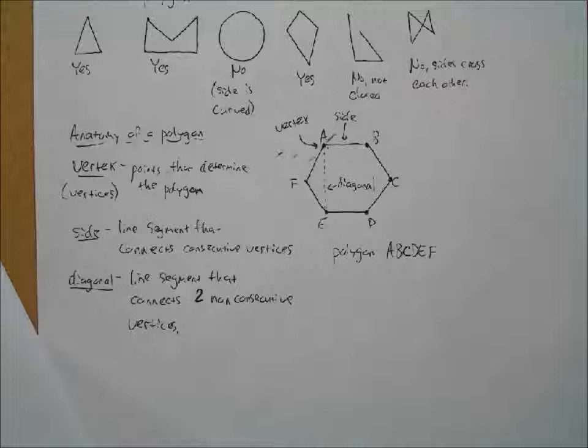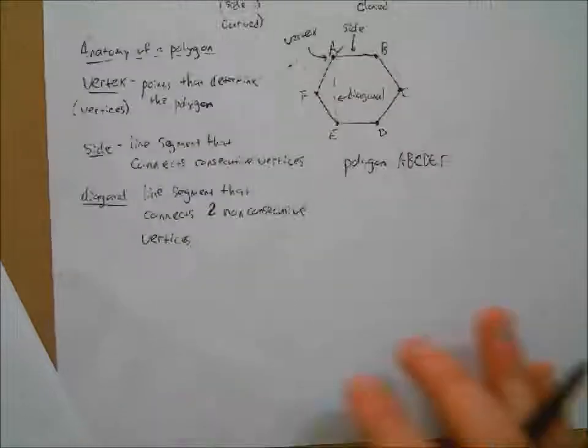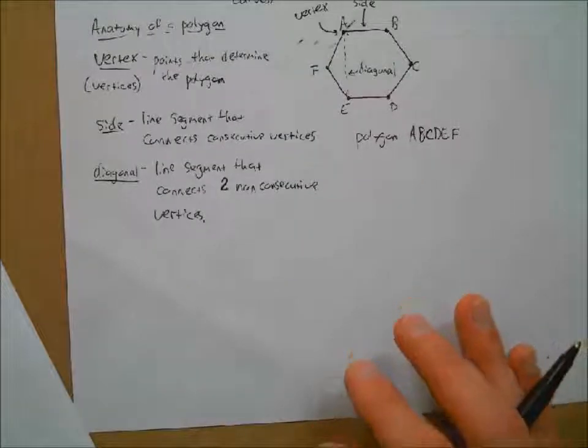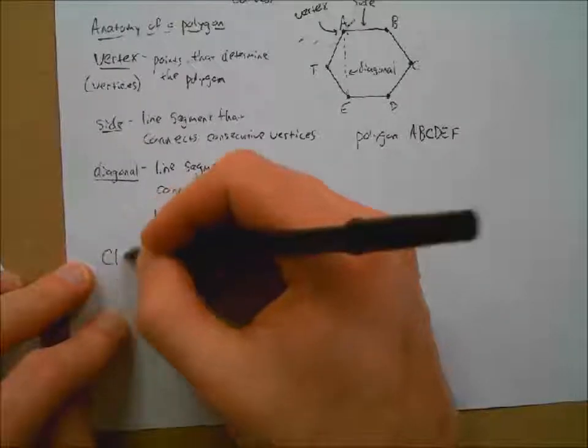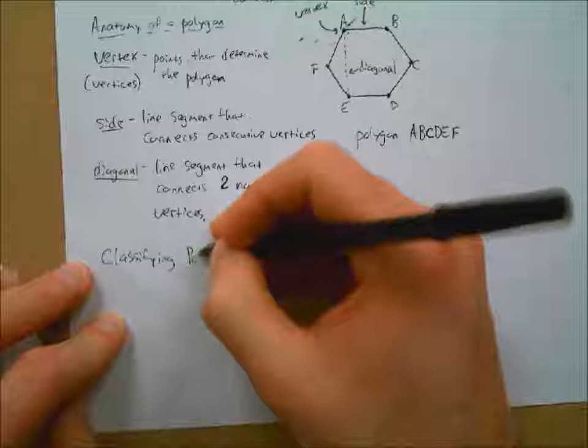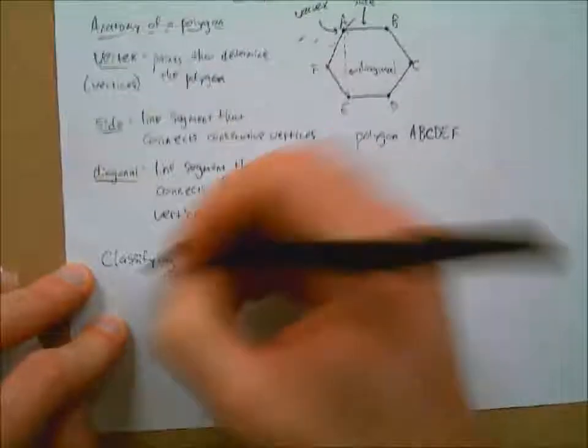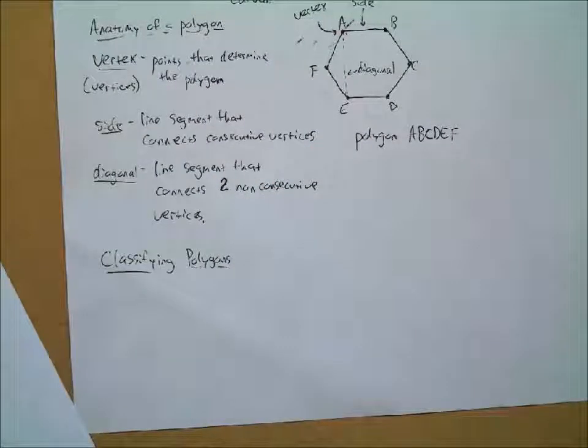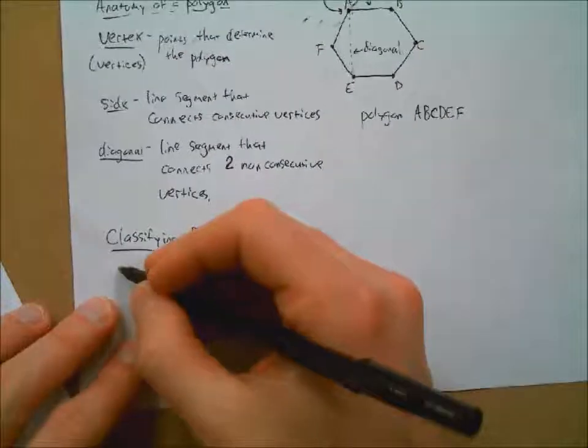All right. Let's talk about classifying polygons. Different ways you can classify. There's a couple different ways, I guess, we'll classify polygons. First we'll go back to some familiar ones here.